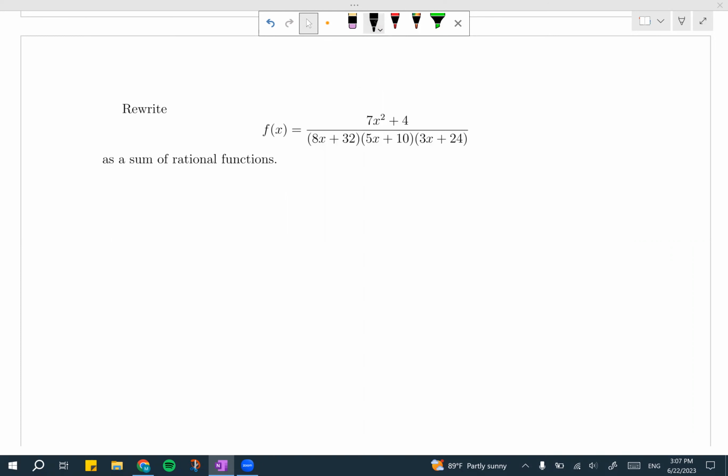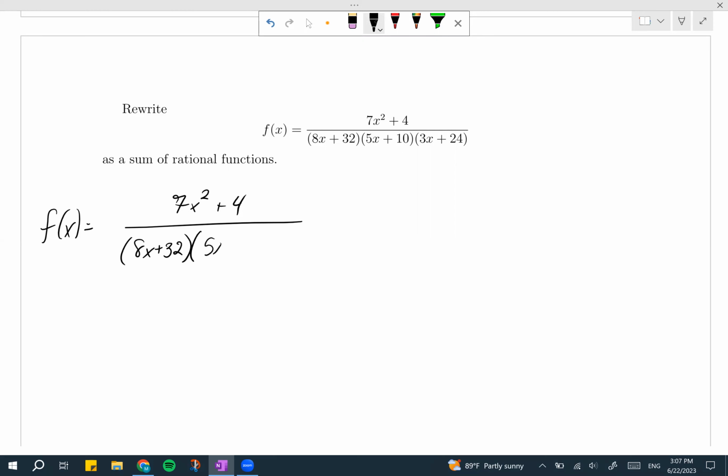Alrighty. It wants us to write this as a sum of rational functions. F of x is equal to (7x squared plus 4) over (8x plus 32)(5x plus 10)(3x plus 24).